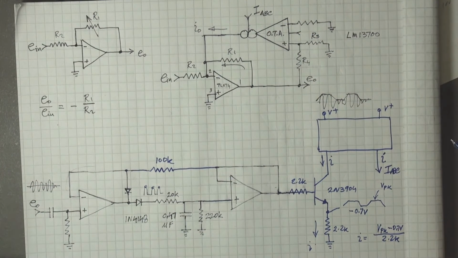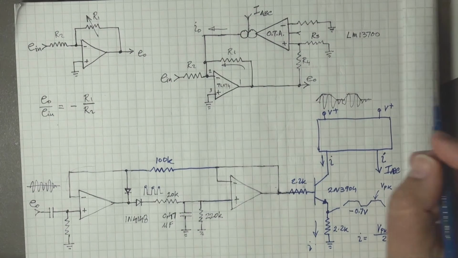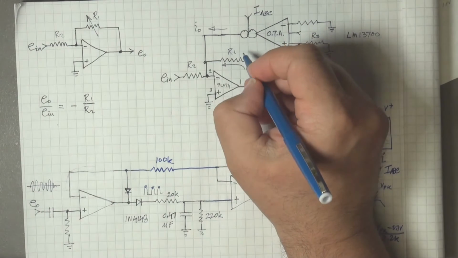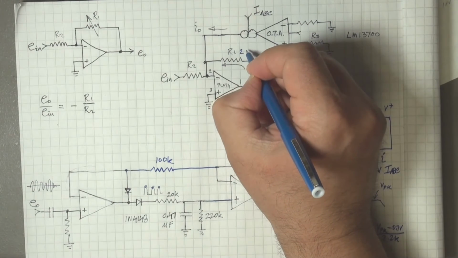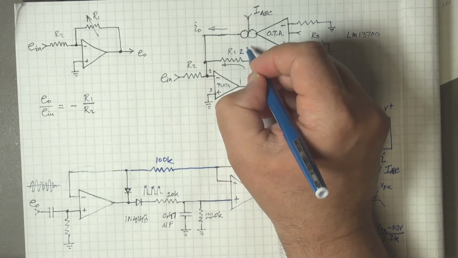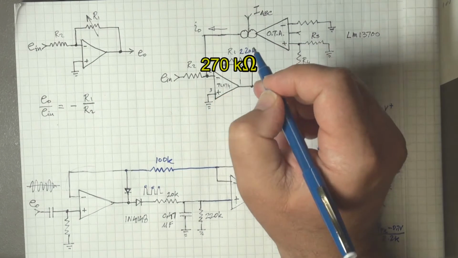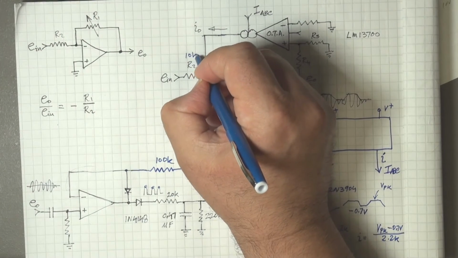So this looks a little bit complicated, but let's see how this actually works. And I'll put in a few resistor values that I'm actually using. So this one is 220K, and this one is 10K.